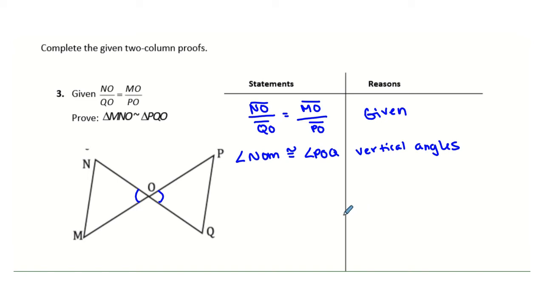So now we know that this side is proportional with this side, and this side is proportional with this side. So if the two sides are proportional, then we know that we have similarity. So we can say that triangle MNO is similar to triangle PQO by side, angle, side similarity.